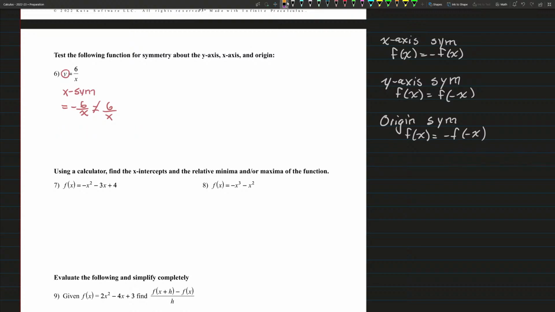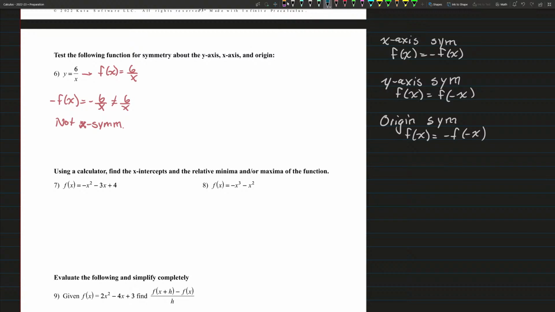Let's write this in terms of f of x, because I think that'll help. So this is the same thing as f of x is equal to 6 over x. And we need to see that if negative f of x, which is equal to negative 6 over x, is equal to f of x. This is not equal to 6 over x, therefore not x symmetric. Okay.